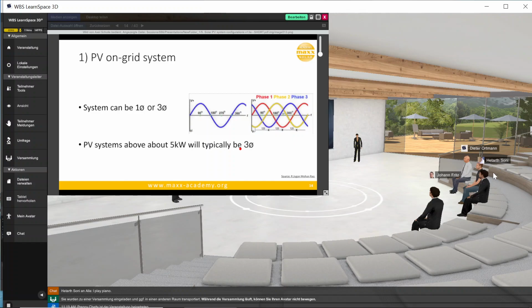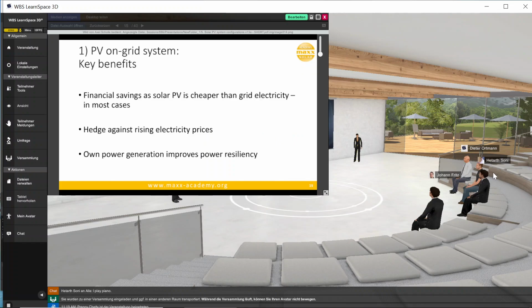And the key benefits of an on-grid system: financial savings, because it's cheaper than grid electricity. Rising electricity prices, because if you paid X amount for it, then you paid for it and it'll provide you the service. So it is quite nice in an environment of rising electricity prices. You're keeping a certain amount of costs constant.